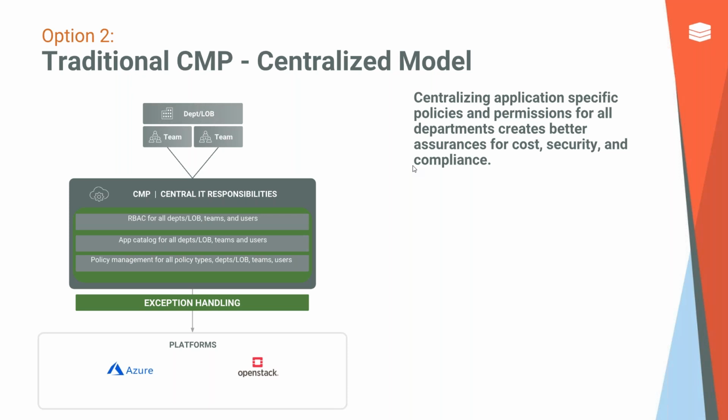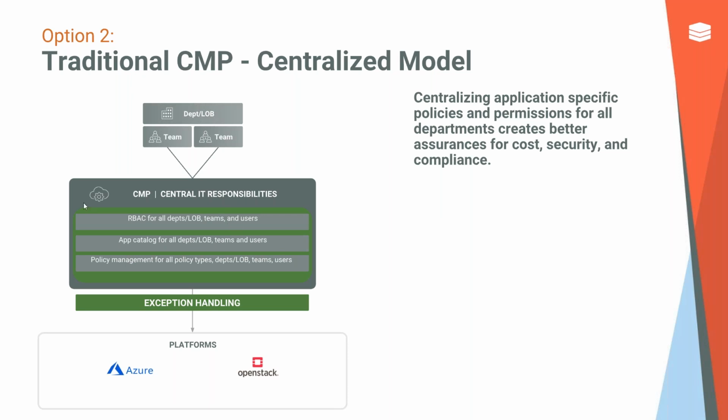Self-service can be, for example, just the set of approved catalog items that were created by this central IT function and delivered to these teams. But then again, the question comes up, what if I have different teams that have different types of requirements?